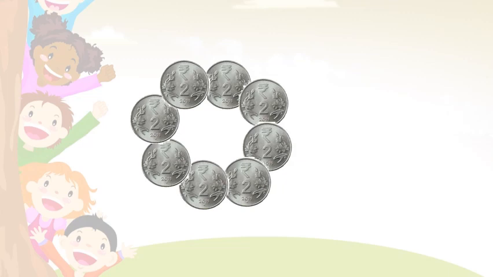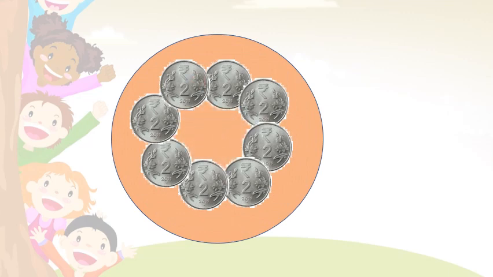Means we can see here 1, 2, 3, 4, 5, 6, 7 and 8 coins of 2 rupees each. Right? So, the total of these coins is equal to rupees 16. Isn't it?